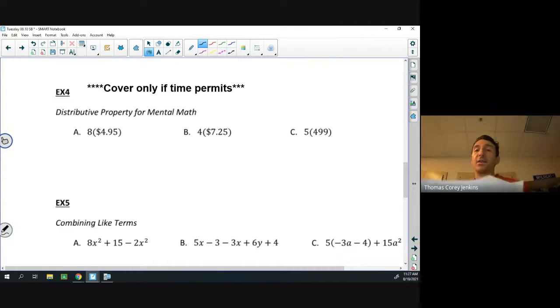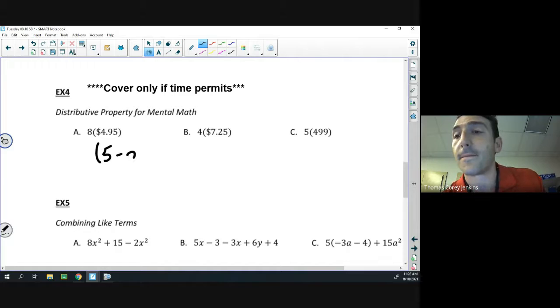Basically, you could come up with two easier numbers. You could rewrite $4.95 as $5 minus 5 cents, because 5 minus 5 cents is equal to $4.95.